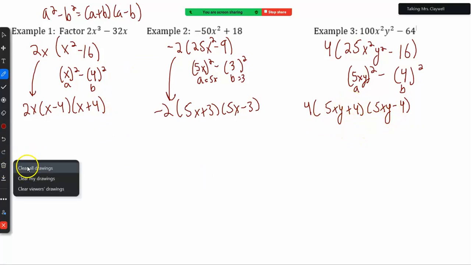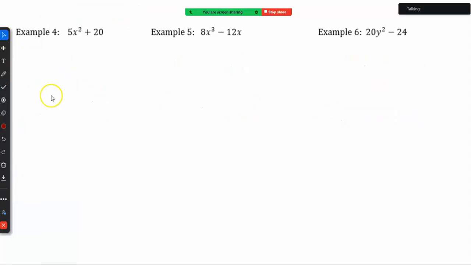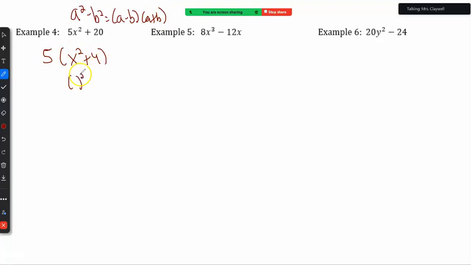Okay, looking at the next part of this, I'm still going off the same idea. I'm going to pull out a GCF, step 1. Okay, I can write this as something squared, but I don't have subtraction in the middle. So even though I can identify an a and b, I don't have subtraction.